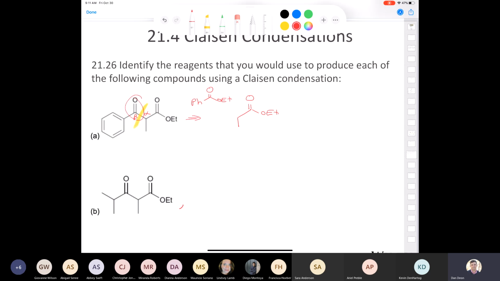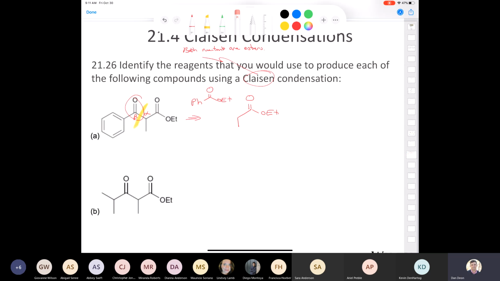It's a crossed Claisen. And in a Claisen, both reactants are esters. Okay? So overall, how would I put those 2 guys together in order to form this beta hydroxy ester?